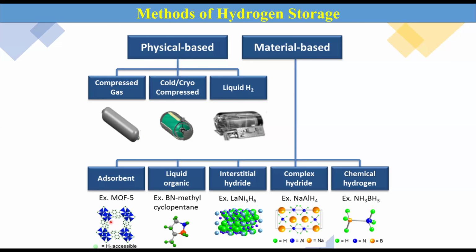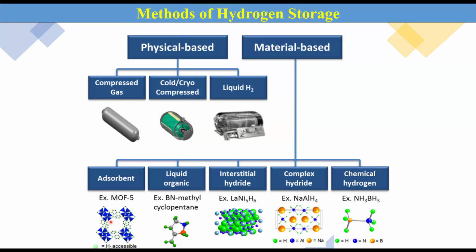Another approach is the liquid organic, which is sometimes called a liquid organic hydrogen carrier, LOHC, and these are organic compounds that can reversibly absorb and release the hydrogen through a catalytic reaction.